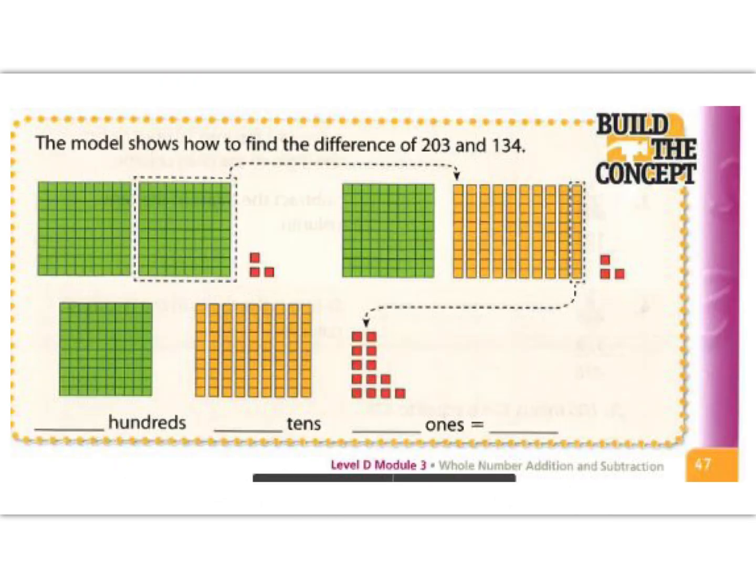Okay, so this says the model shows how to find the difference of 203 and 134. So here's 203, no tens, and then 134. What did they do here?